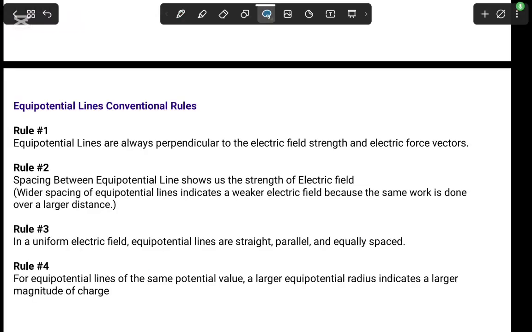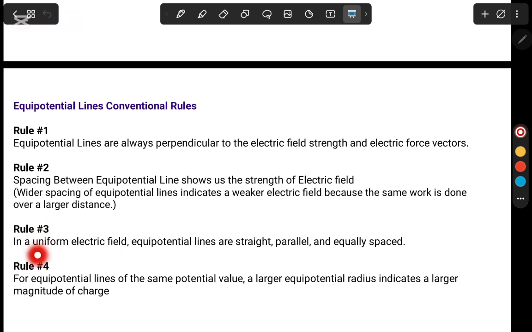So there are some conventional rules for equipotential lines that you have to know. The first rule is that the equipotential lines are always perpendicular to the electric field strength and the electric force vectors. The second rule is that the spacing between the equipotential lines shows us the strength of the electric field. A wider spacing of equipotential lines indicates a weaker electric field because the same work is done over a larger distance.